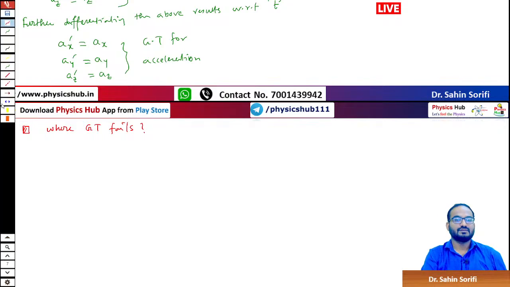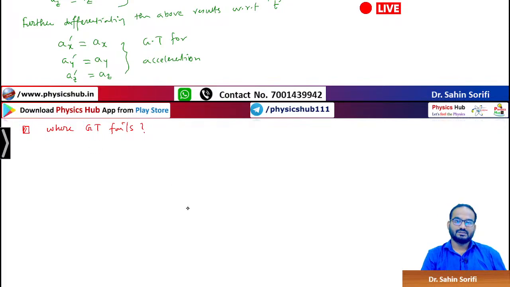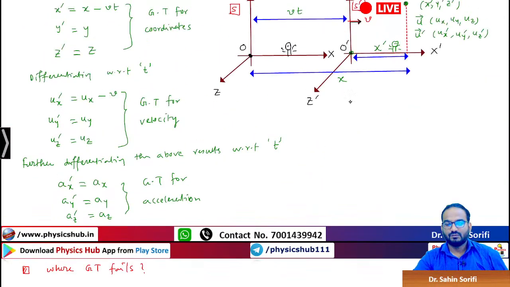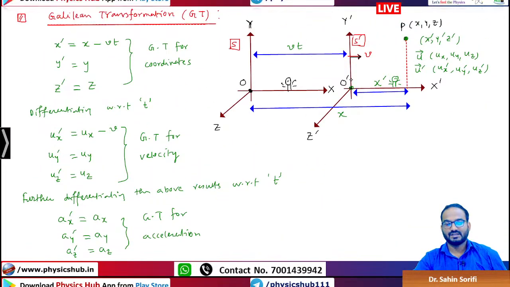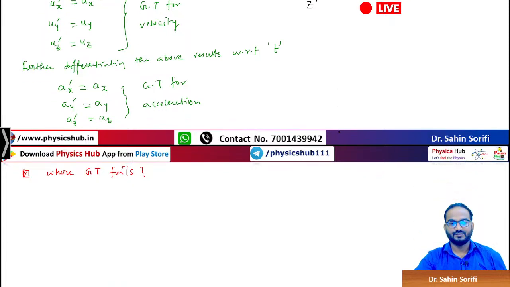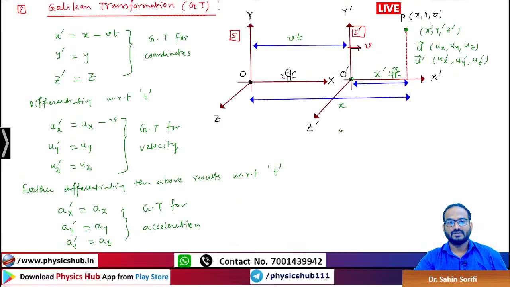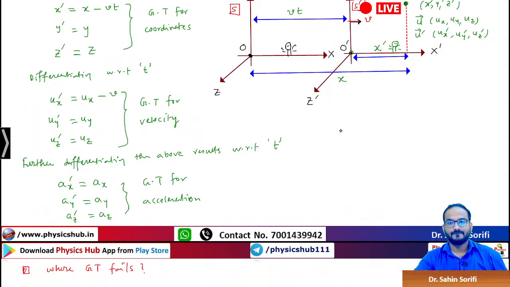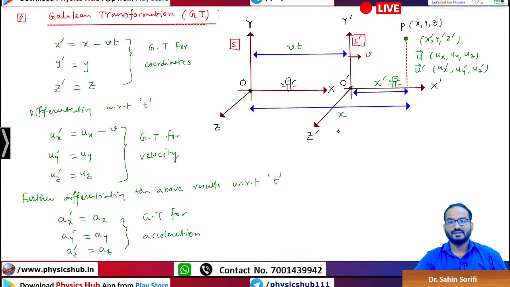GT fails to account for the second postulate of the special theory of relativity, that the speed of light remains the same in all inertial frames. Here we have taken two inertial frames, S and S prime, so the speed of light should be the same. Now what is the speed of light with respect to the S frame? Let's say instead of P, a photon is being observed.